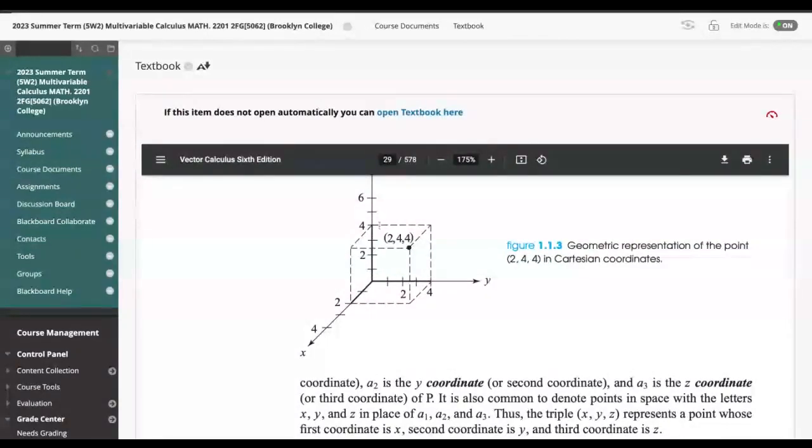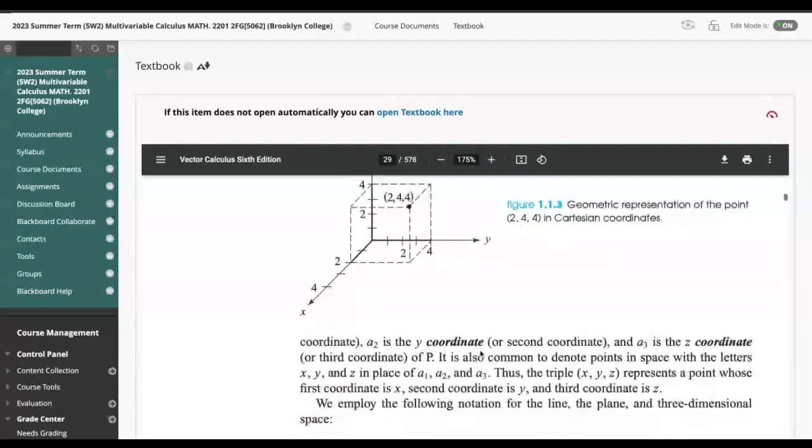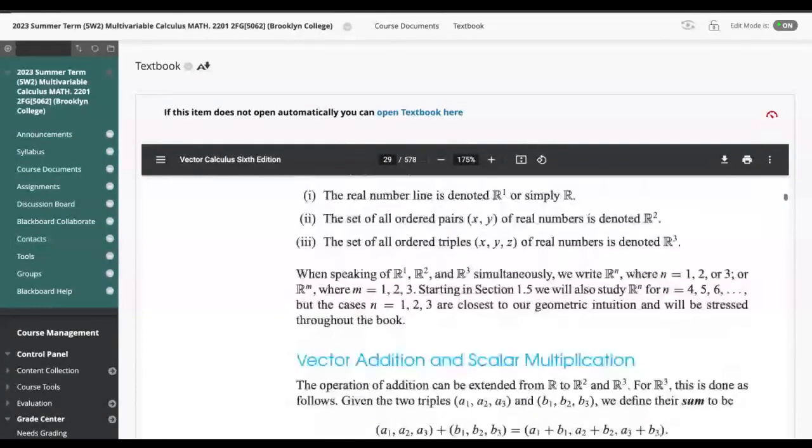So this is the geometric representation of the point 2, 4, 4. If we connect this point with the origin, we will see a line segment, right? It can be seen as a vector.